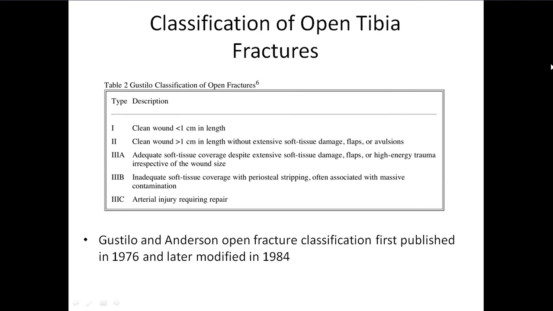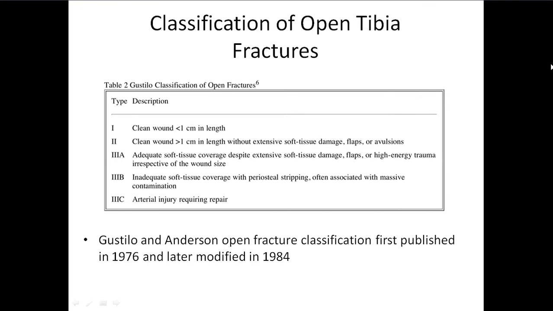That is grade 3A. Grade 3B is the same as grade 3A, with a wound of more than 10 centimeters in length, but soft tissue coverage cannot be done even after treatment. Because of periosteal stripping, which is one of the most important factors in grade 3B, and massive contamination, contamination is more.